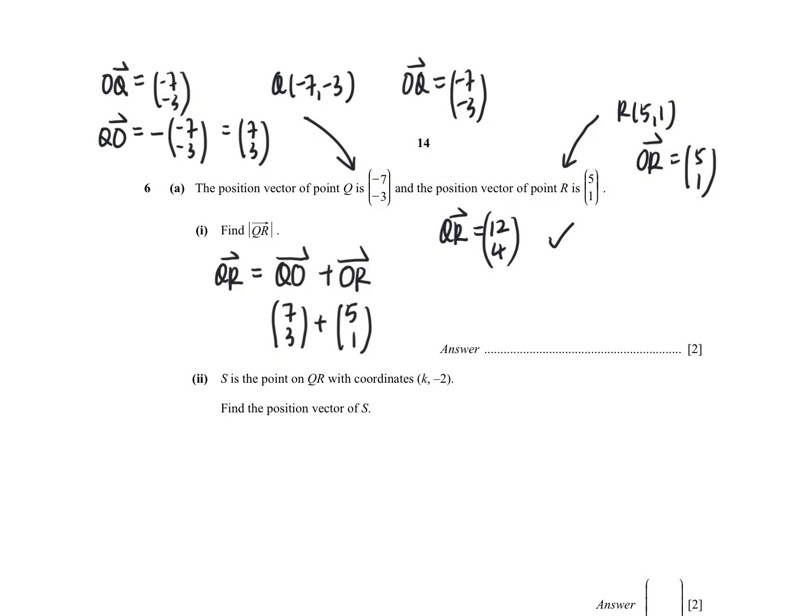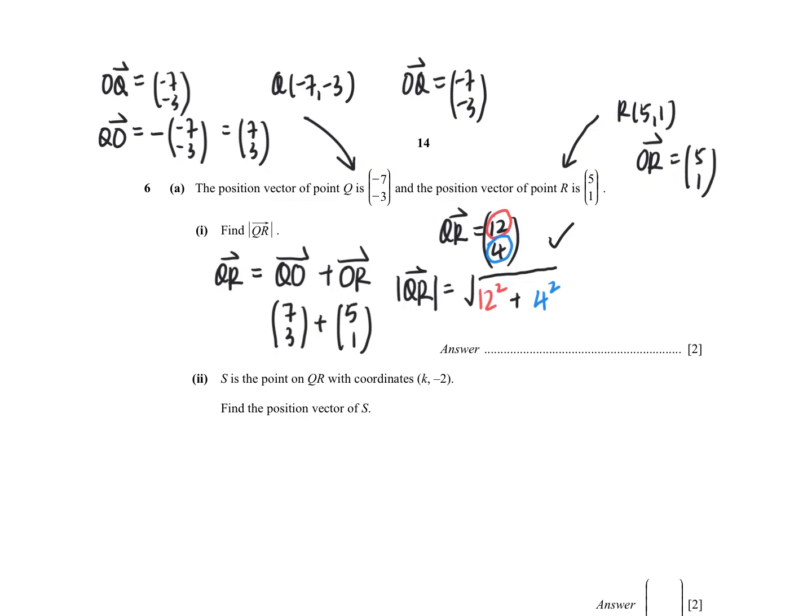Next is they want you to find the magnitude. So magnitude is like Pythagoras theorem. You sum the square of the x coordinate with the square of the y coordinate, and then you take a square root. So when you see this, it means they want you to find the length.